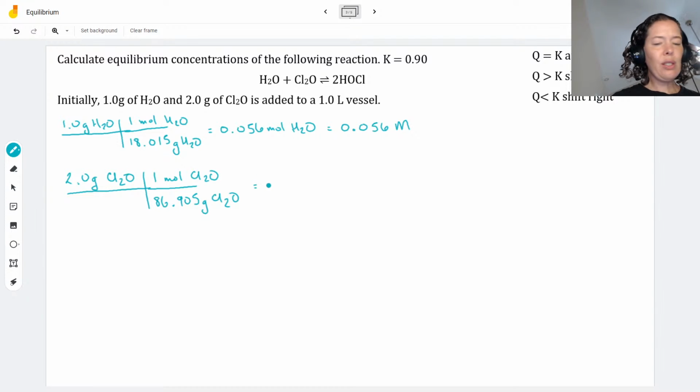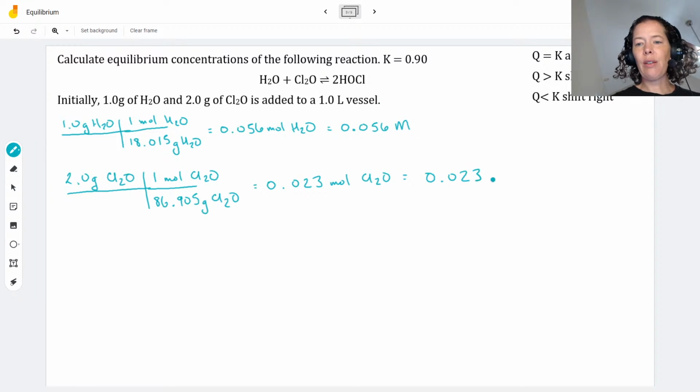Okay, so this one is 0.023. That is moles of Cl2O, which again, because everything's put into a 1 liter vessel, this also gives us our molarity of Cl2O. Okay, and we don't have any HOCl. So that is just 0. We don't have to do any conversions from grams to moles.